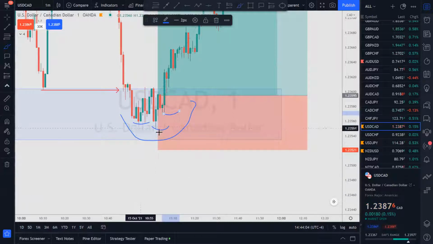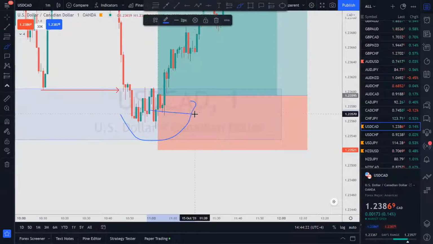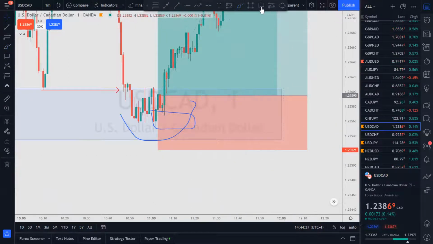And on a lower time frame in seconds, you're probably going to see Wyckoff in here. That's a whole nother deal. But you can see price is transitioning here. And this would have been a great entry. I would have come down to this order block right here, and that's where my entry would have been.